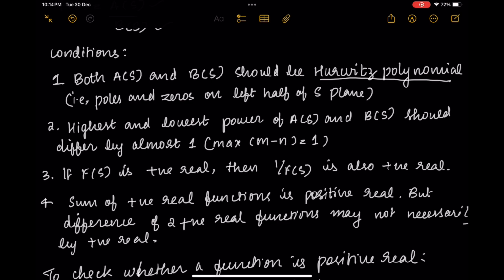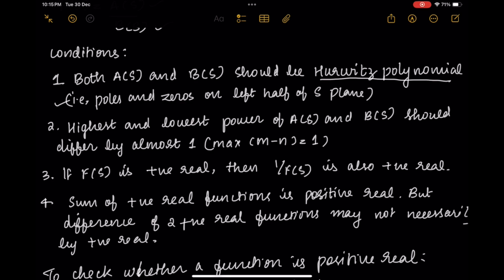What is the major property of Hurwitz's polynomial? It is basically that all the poles or all the roots of a Hurwitz polynomial lie on the left half of S-plane. So that's exactly what is written here. That is, poles and zeros on the left half of the S-plane.